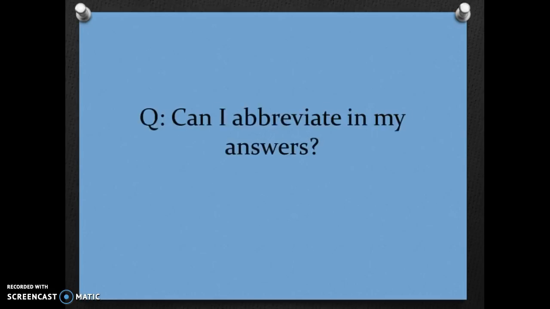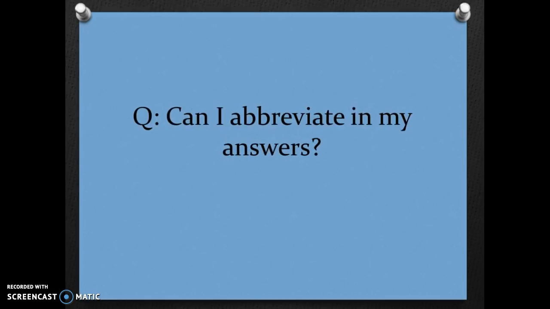Can I abbreviate in my answers? Well, some of the sample things that have come from AQA have used abbreviations. For example, writing out non-participant observation, it's quite long, and they have abbreviated that to non-PO. Just make sure that you write it in full first time.